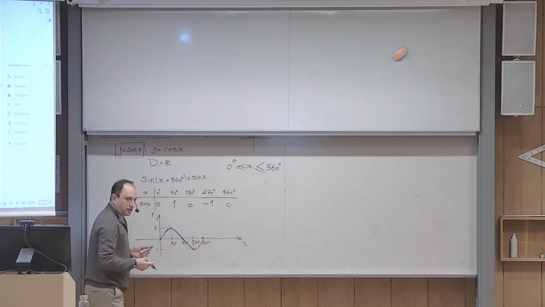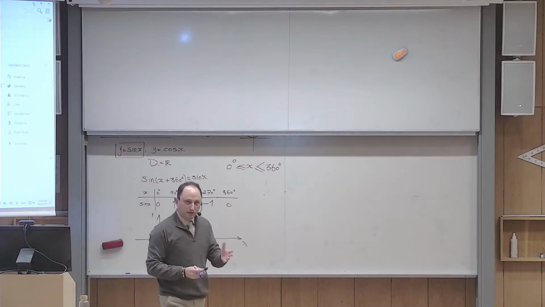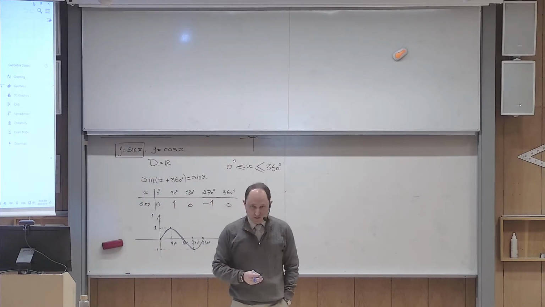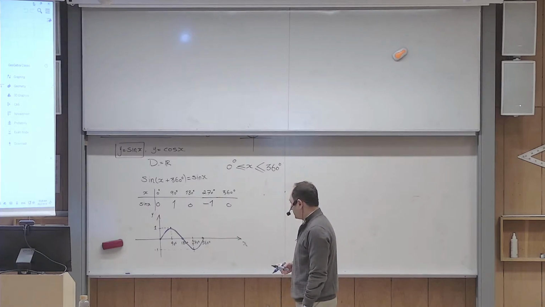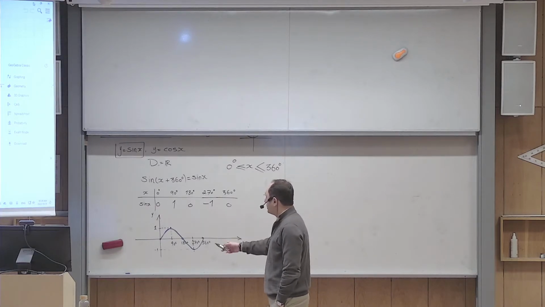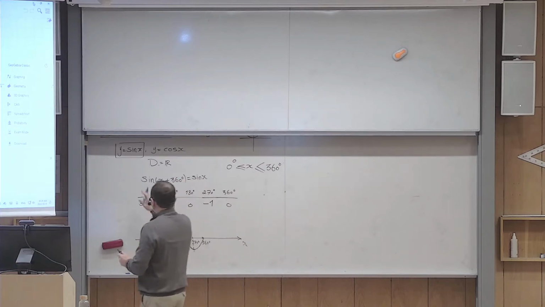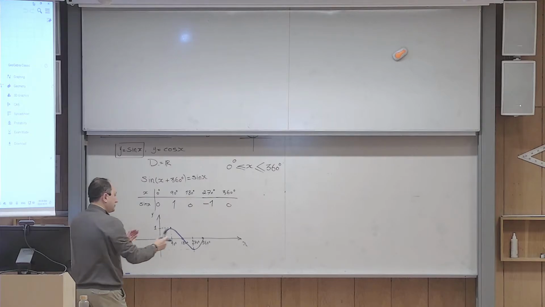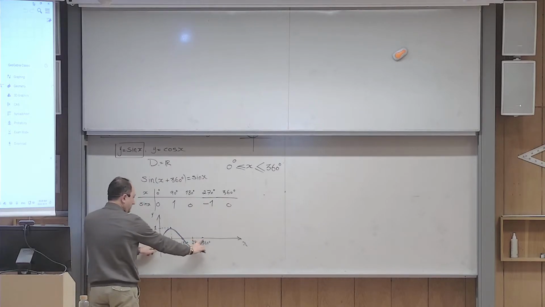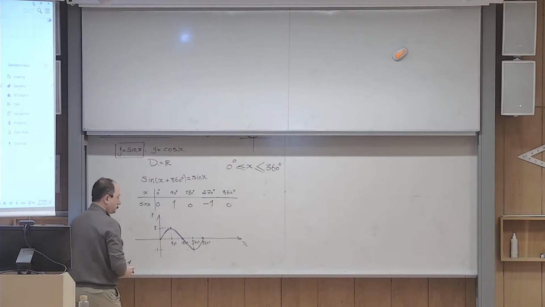So this is why in physics, when it comes to waves, it is important to know about periodic functions like sine and cosine. Okay, but is this the whole truth? No. This is not the full graph of sine x. This is just the graph of sine x in one period. The length is from 0 to 360 degrees.